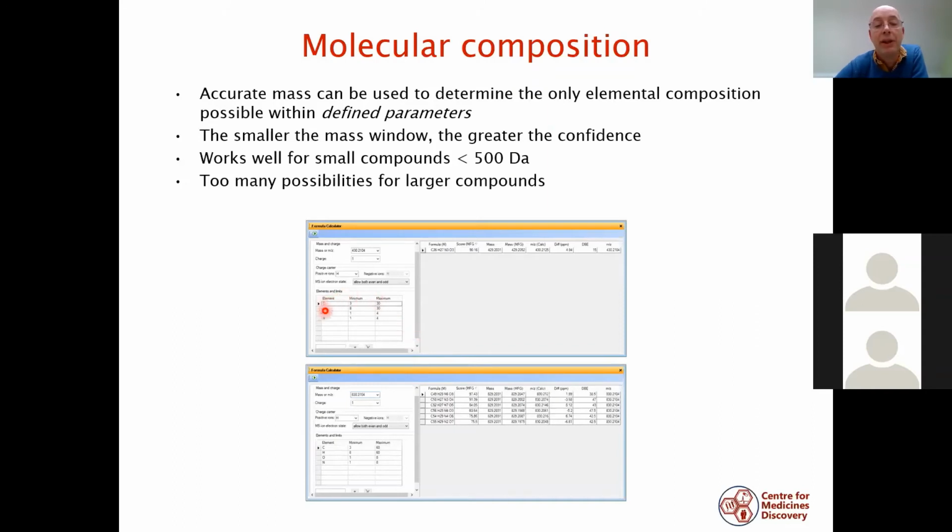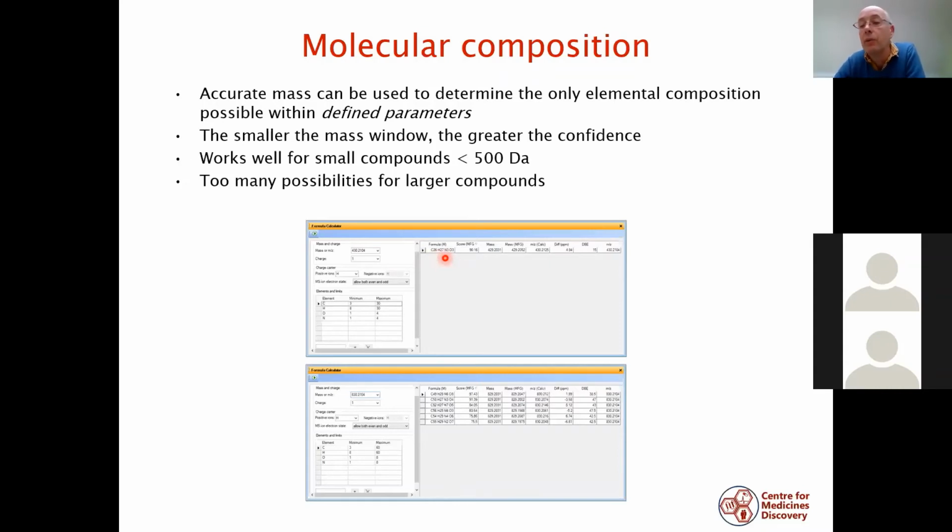So you can program this in here. And for a given mass at a given accuracy within these defined parameters, there can be a single molecular formula which fits that mass. So from this mass here, you can derive that this is the only carbon compound that will have that formula.